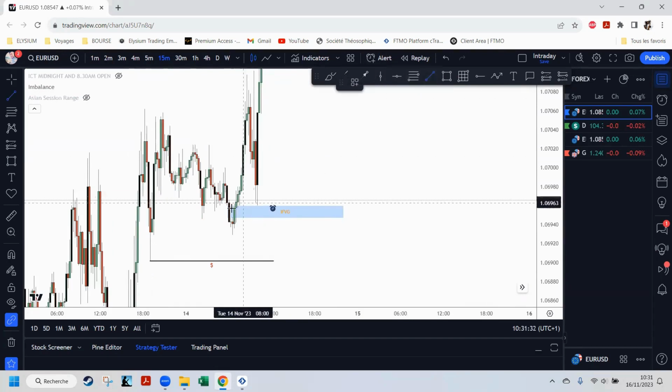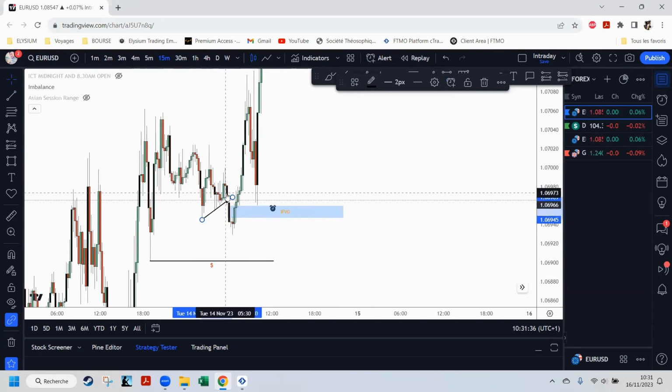When a fair value gap takes many weeks, this one is better than the one above. It's a strong one, okay?